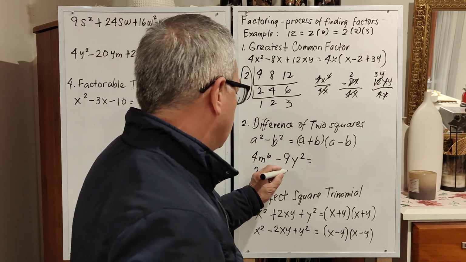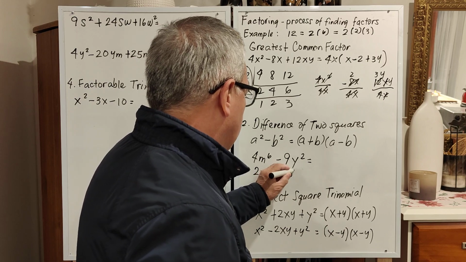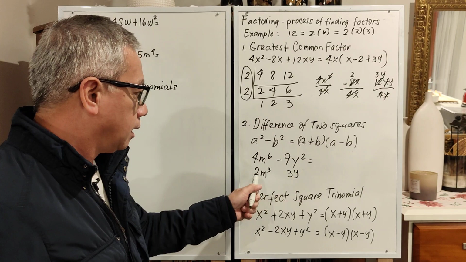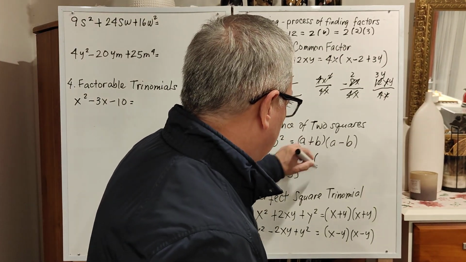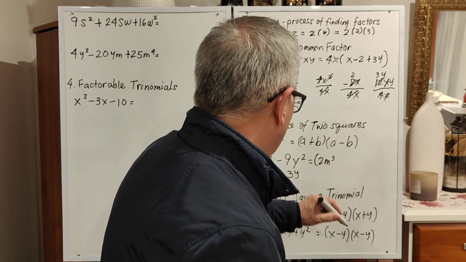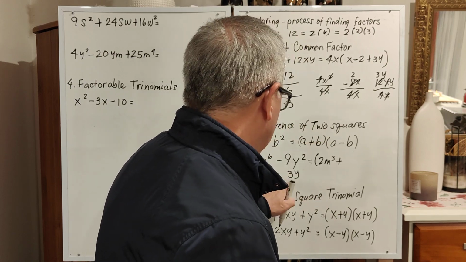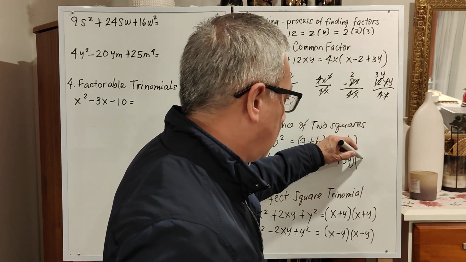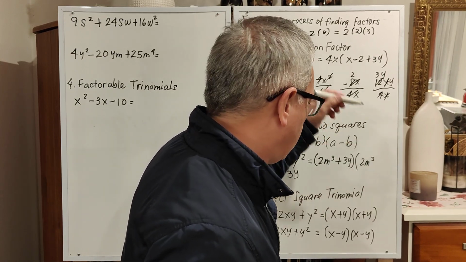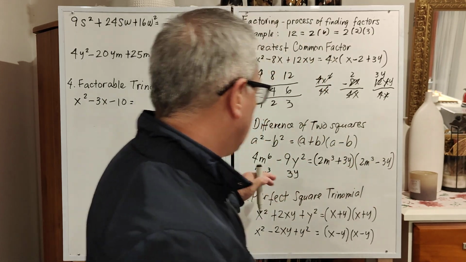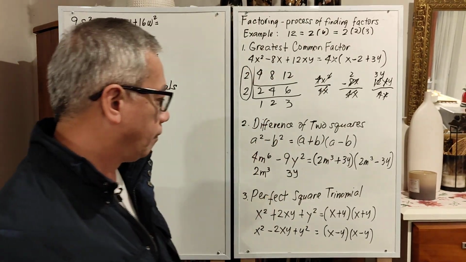This is also a square, and this becomes 3y. So we will rewrite this as 2m cubed plus 3y times 2m cubed minus 3y. So this is the factor of this one.